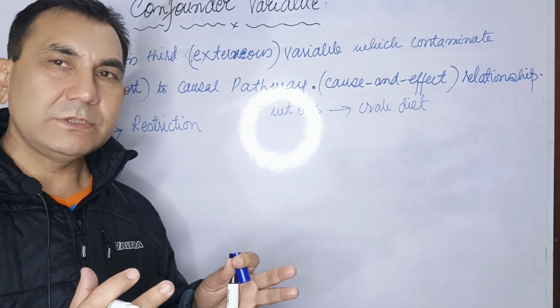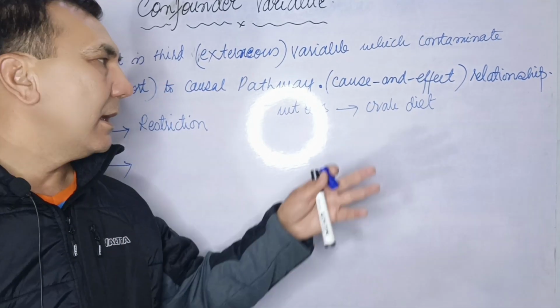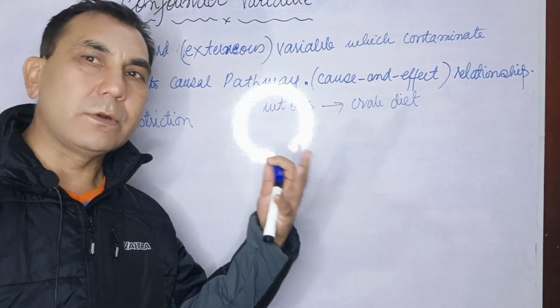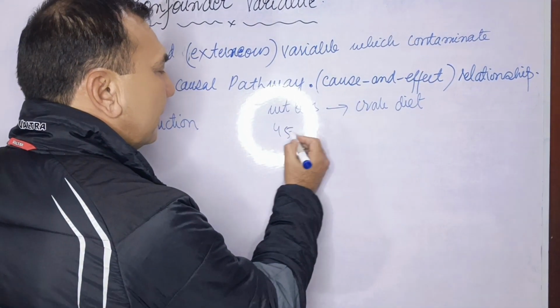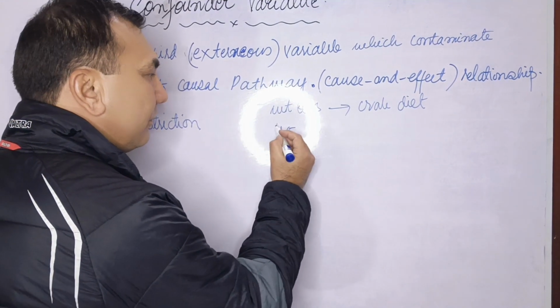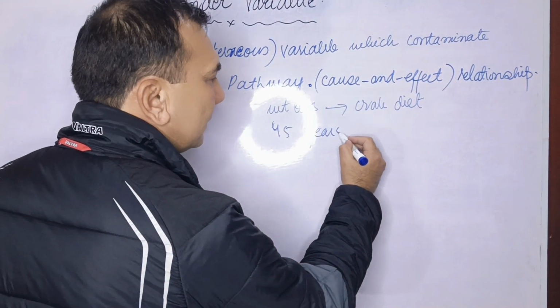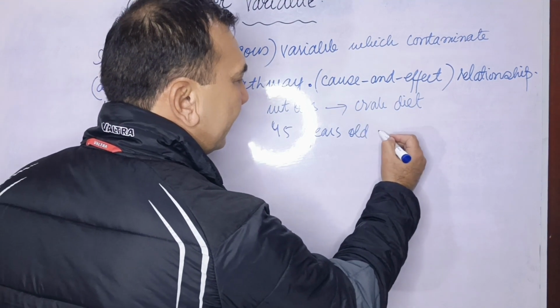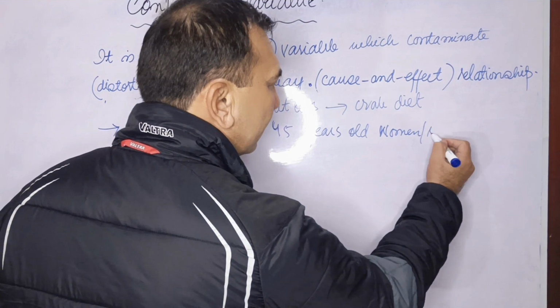Those who are taking the carb diets will lose their weight greatly as compared to those who take another diet. So for this purpose, the researcher will restrict to 48 year old women or men.